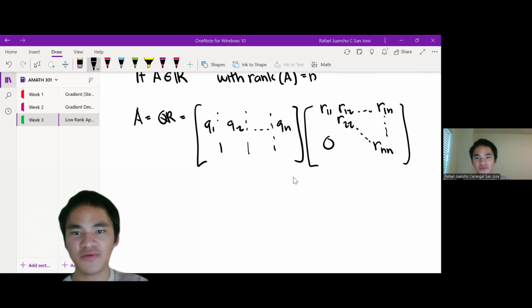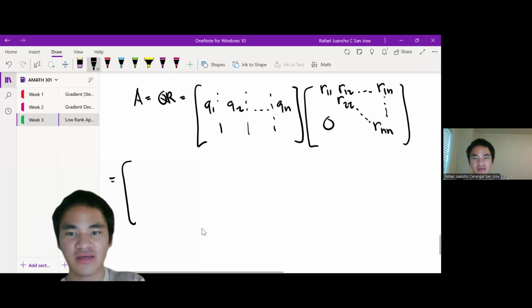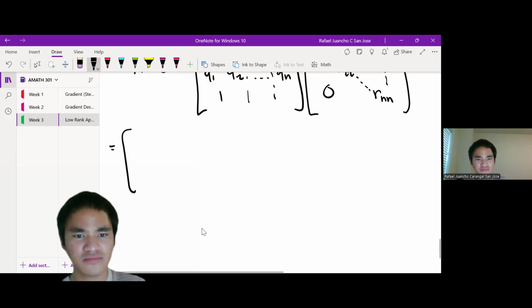So we decompose them to Q and R matrices. And then we solve them. So we would get something like this.